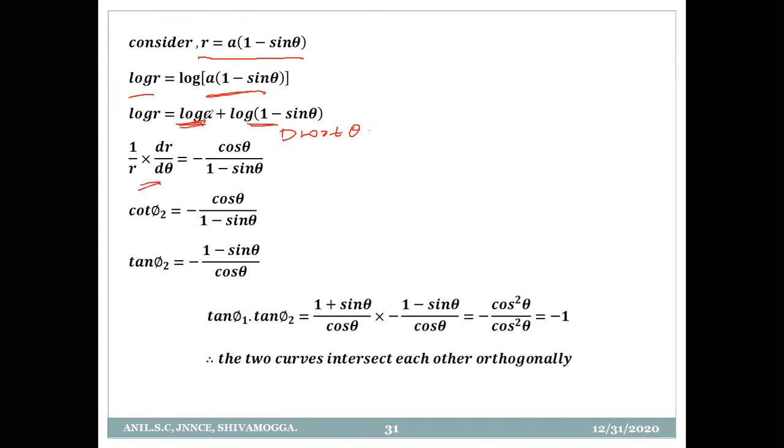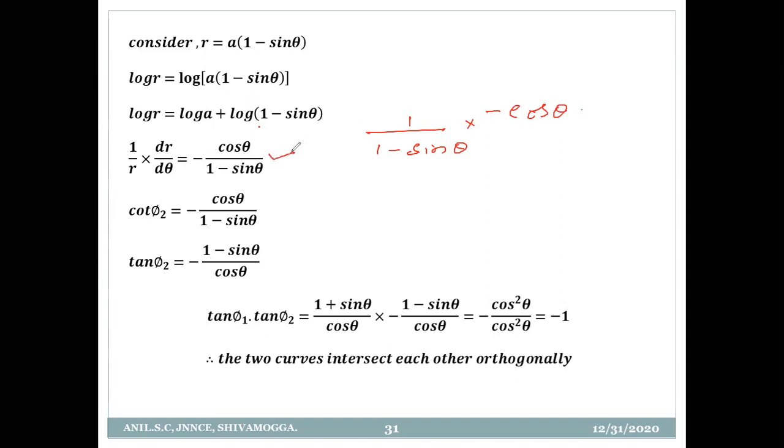Here log a is a constant, its derivative is 0. The derivative of log of 1 minus sine theta is 1 over 1 minus sine theta, I'm sorry, not cos theta, into the derivative of 1 minus sine theta, which is minus cos theta.